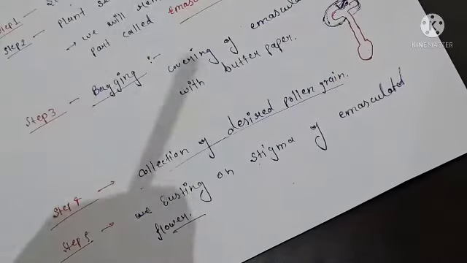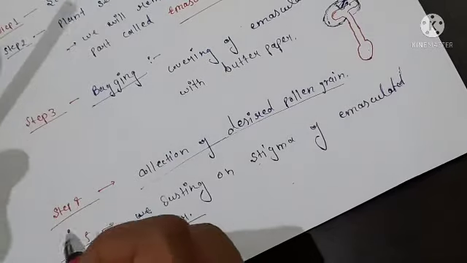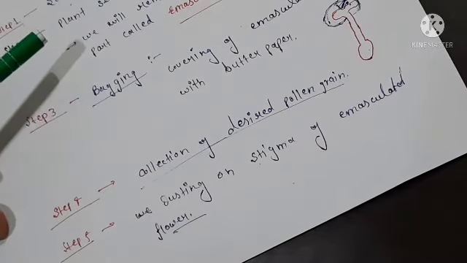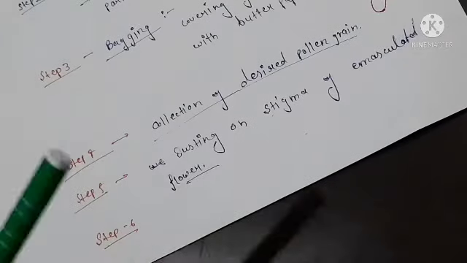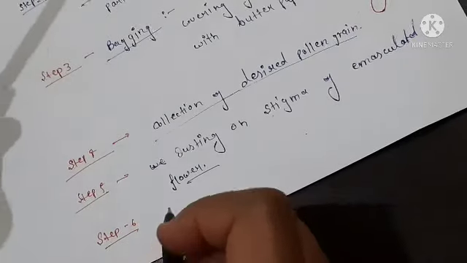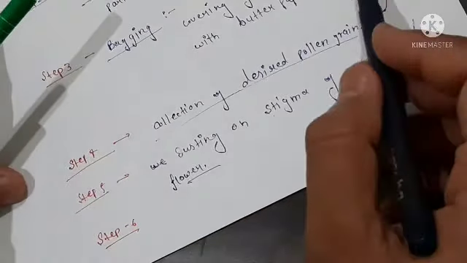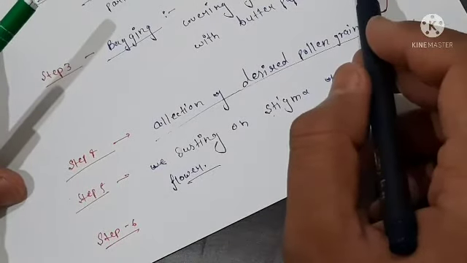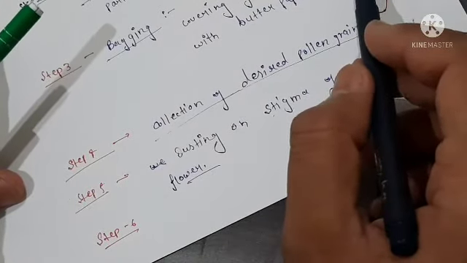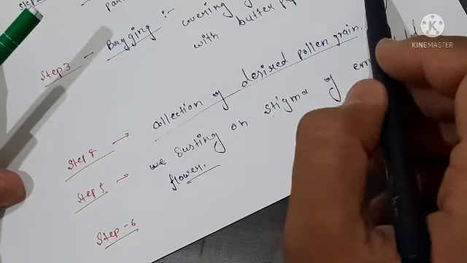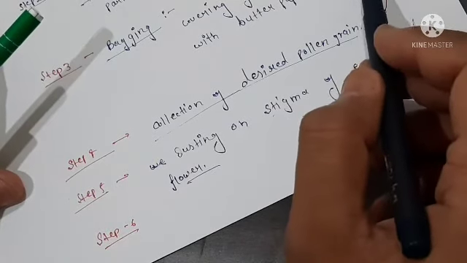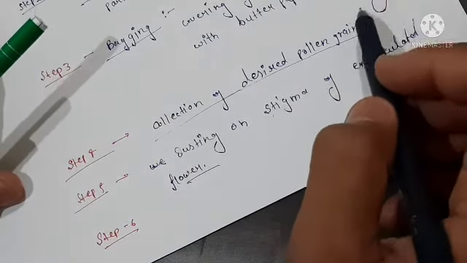Now, in step 6, what will happen? After dusting of pollen grain, maturation of pollen grain takes place. After that, the pollen tube emerges, as we discussed in the earlier lecture.